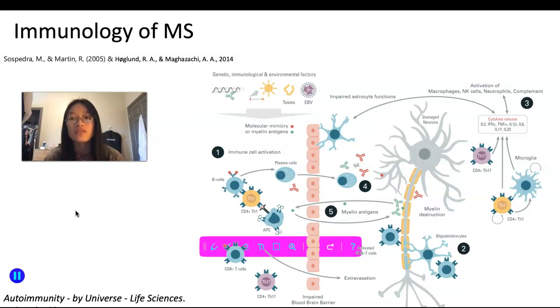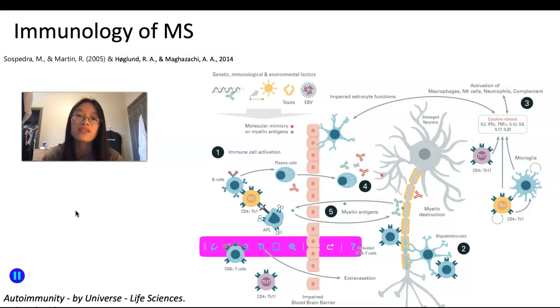These cytokines will also allow B cells and macrophages to enter through the blood-brain barrier. And in number 4, these B cells will start to make antibodies that mark the myelin sheath proteins, and the macrophages see these markers and use them to engulf the oligodendrocytes, leaving the neurons with no myelin protection, ultimately.